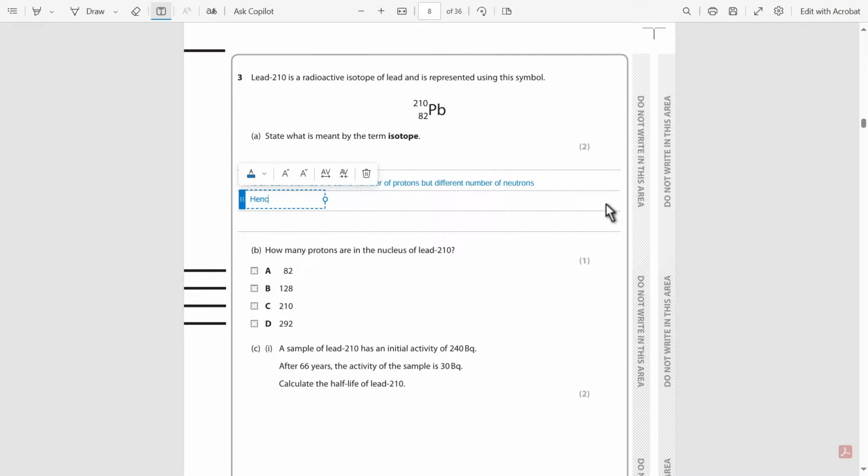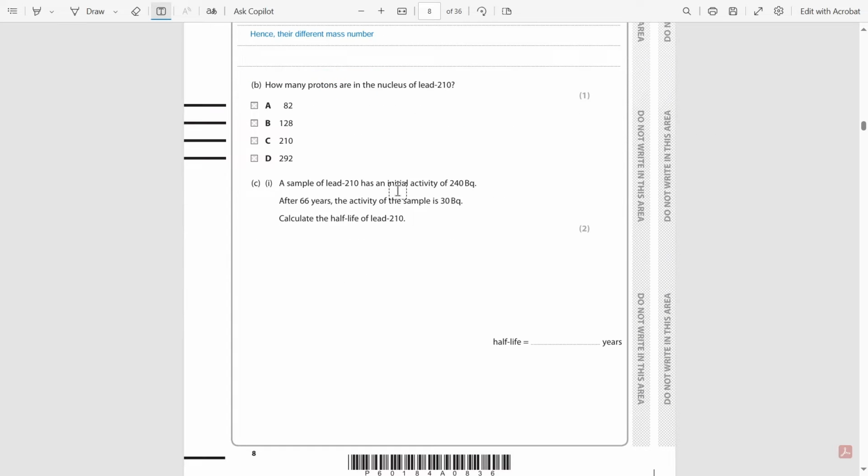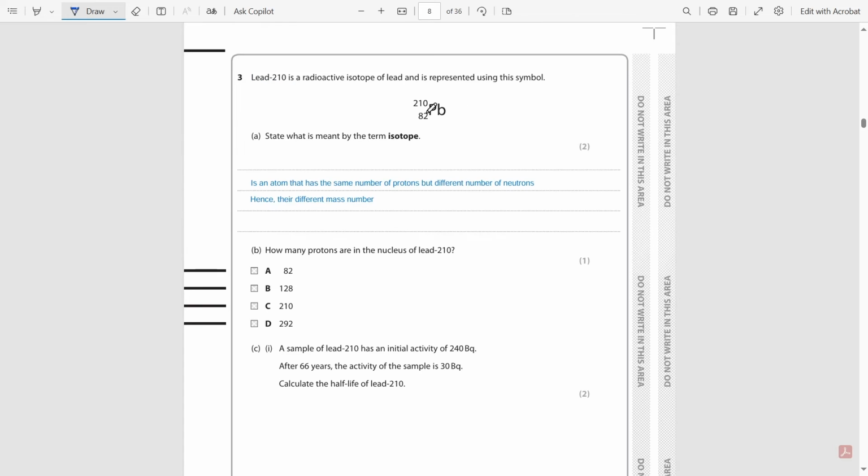Hence, their different mass number. How many protons are in the nucleus of lead? 82, guys. It's always the smaller number that tells you.